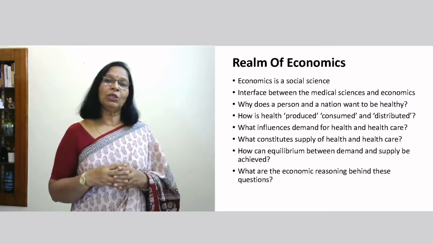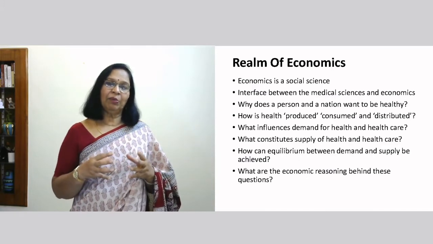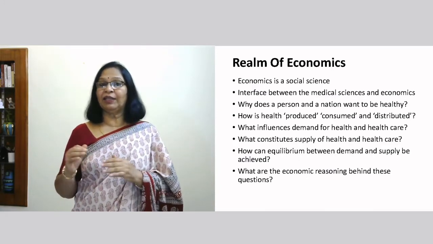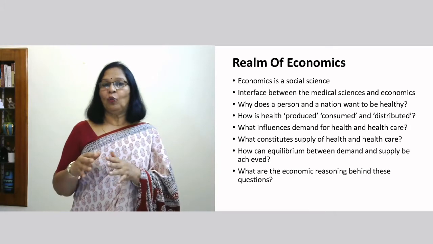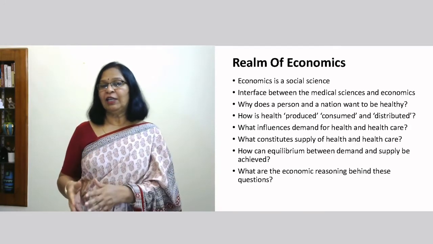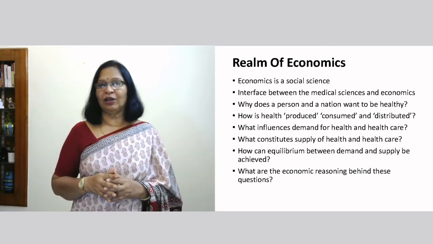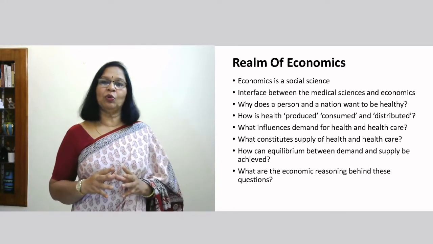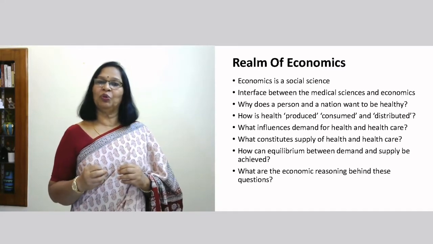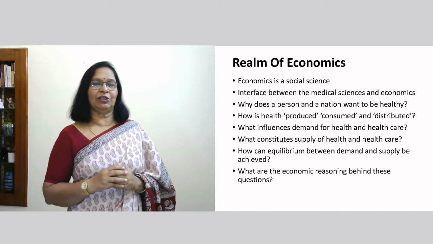So, in economics, we say that the demand must be equal to supply, and there is therefore a price which is set, and at that price, the market will clear, or all the goods produced will be sold. All the consumers who want the good will be getting the unit.